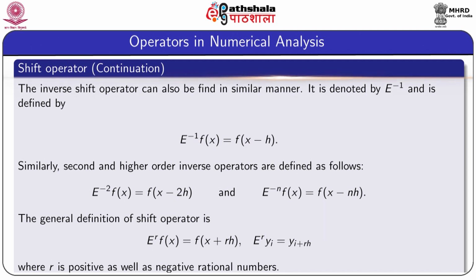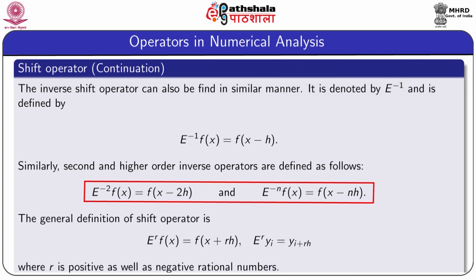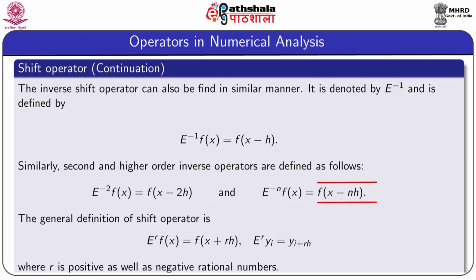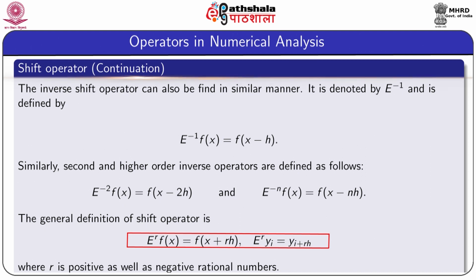The second order inverse shift operator is E to the power minus 2, defined by E to the power minus 2 f(x) equal to f(x minus 2h), and in general E to the power minus n f(x) equal to f(x minus nh). The most general expression is E to the power r f(x) equal to f(x plus rh), or in terms of ordinates E to the power r yi equal to yi plus r, where r is any positive or negative integer or rational number.